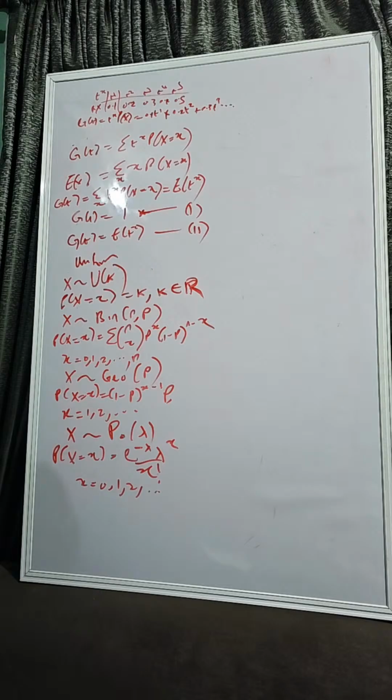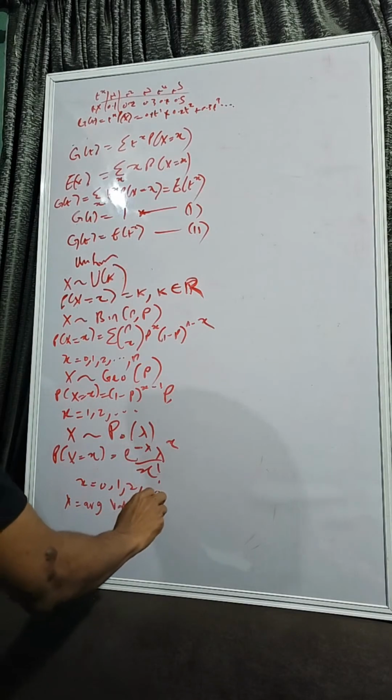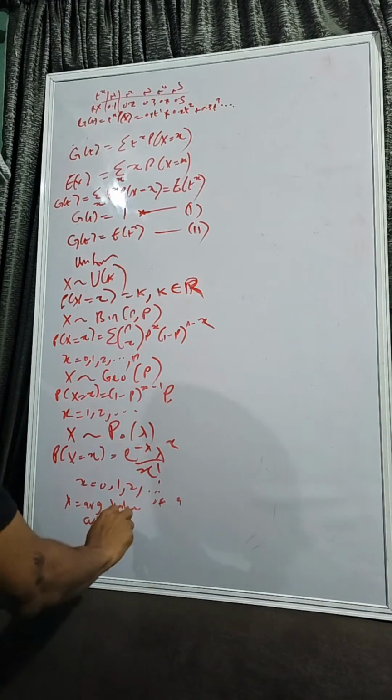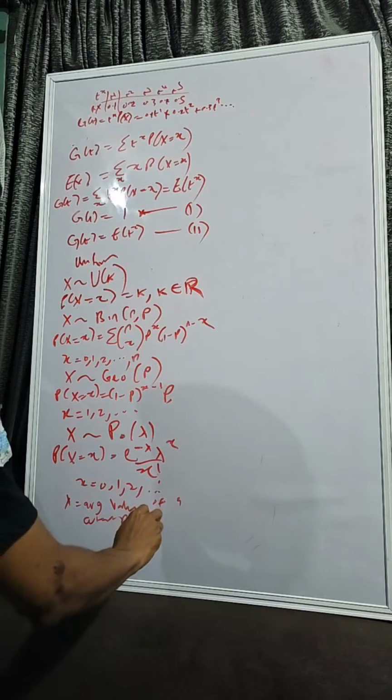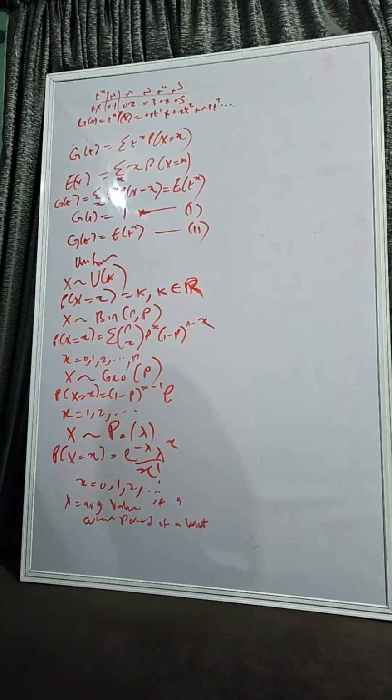And lambda is the average value of a certain period of a unit, whatever that unit may be, time, etc. So this is used to study the duration of certain events occurring over a certain period of time. That's when Poisson comes in.